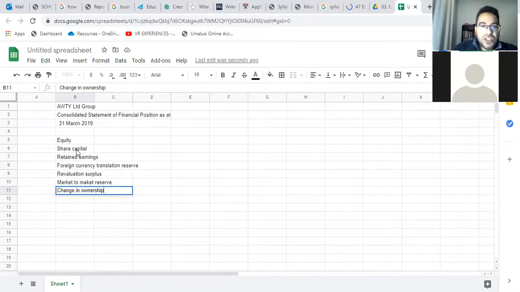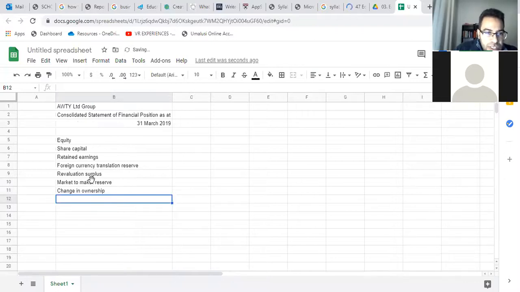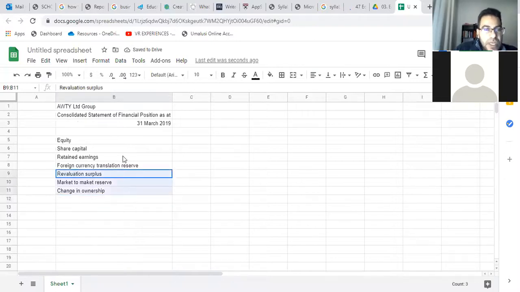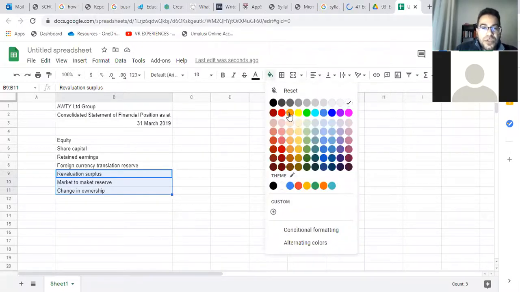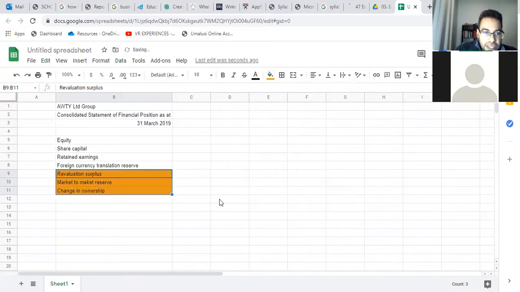So the gain or loss on that transaction went into the column called change in ownership. Okay, so I'm going to highlight it in orange because these are not applicable for this scenario. I'm just showing you all the line items that you should be able to complete when it comes to a statement of changes in equity.